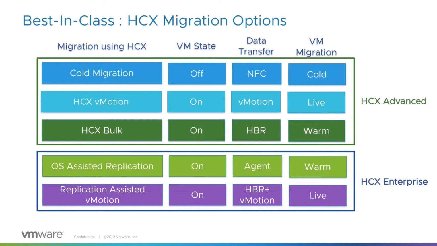So as you know, a regular vMotion has some restrictions. The vCenter servers have to be in the same SSO domain, and the versions of the vCenters have to be very similar. Whereas with HCX vMotion, these boundaries are overcome. We are able to do an HCX vMotion between two separate SSO domains, and the versions of the vCenter could be as varied as 5.5 to 6.7.